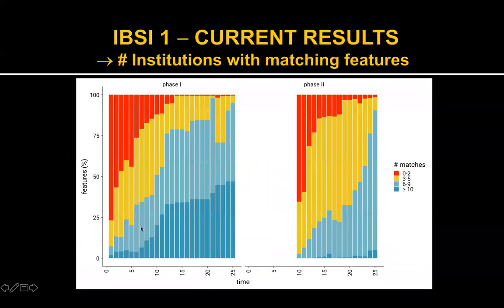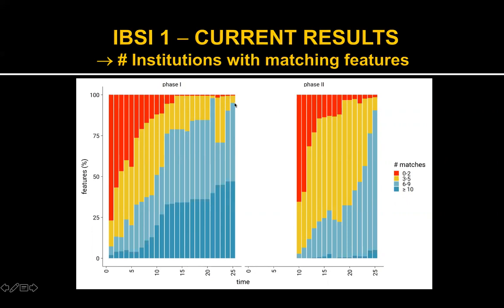And over time, as you can see here, we managed to get towards benchmark results, towards a consensus, first in phase 1 feature calculation over time. We ended up with a number of institutions, the number of matches. So here we had greater than 10 institutions that matched, that had 50% of features matching.